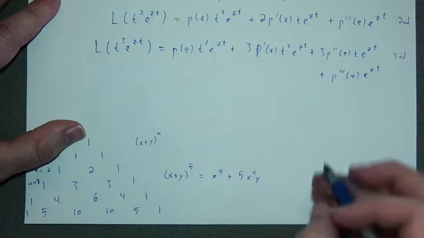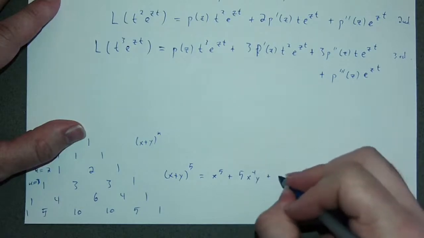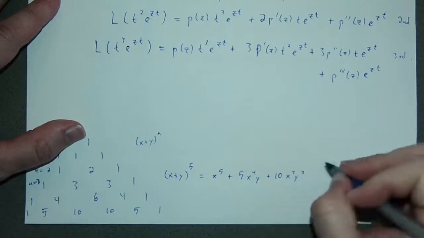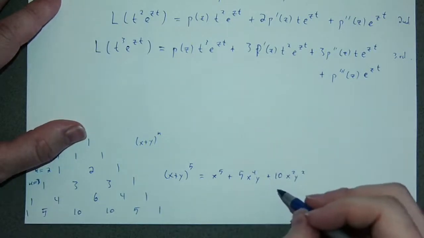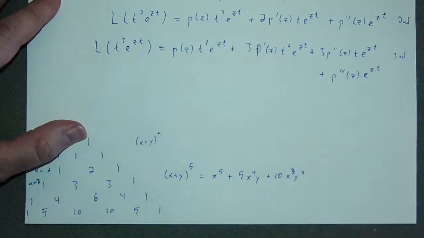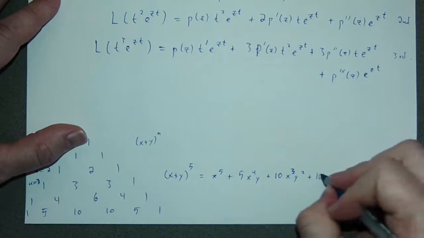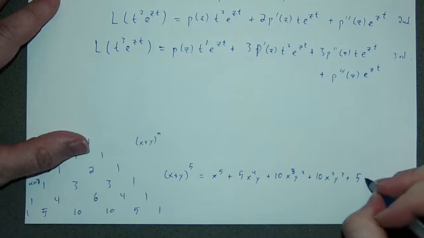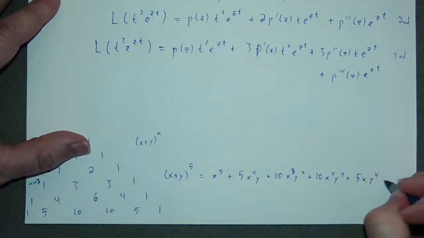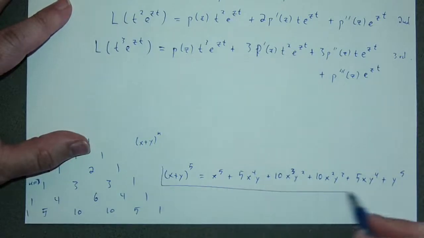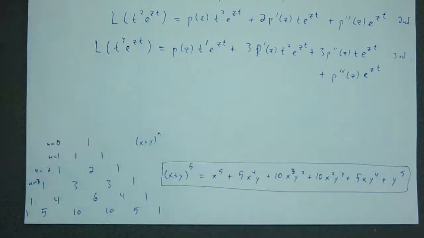So 5x to the 4 times y plus 10, x is counting down, y is counting up, x cubed y squared, plus 10, x squared y cubed, plus 5, x y to the 4th, plus y to the 5th, right?